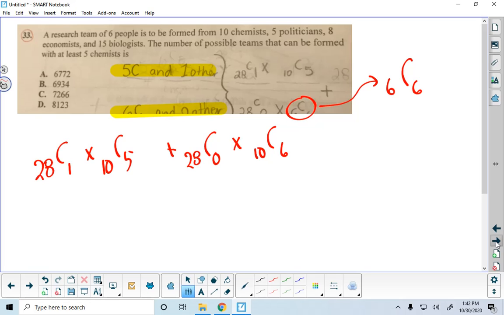So 28, choose 1 is the 1 non-chemist, multiplied by 10, choose 5, which are the 5 chemists, plus 28, choose 0, which is the 0 non-chemists, multiplied by 10, choose 6, because we're choosing 6 out of 10. And when you calculate that, that will give you the answer. I just think that you put a 6, choose 6 at the end, and you should have had 10, choose 6.